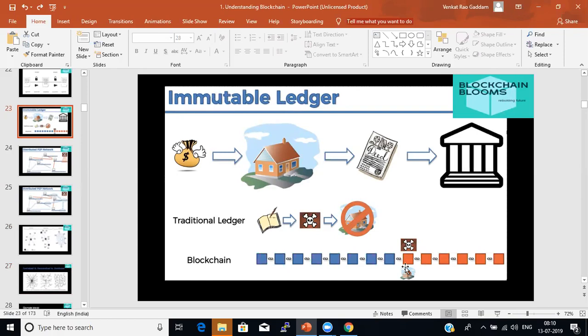When we broadcast this data, the other nodes will first verify and validate the newly broadcast data. If it is genuine, only then will it be added. Otherwise, it will not be added.